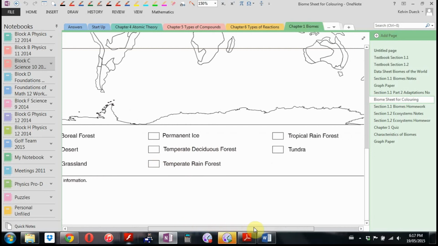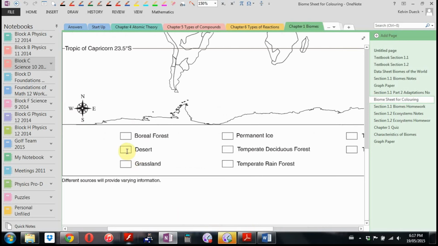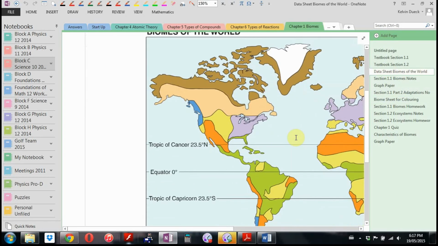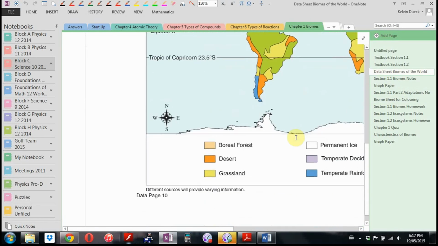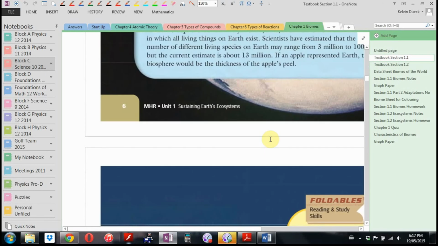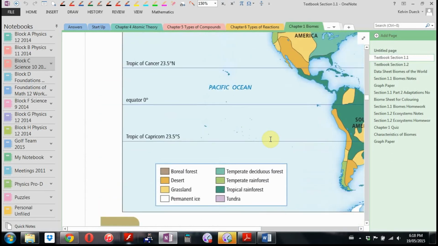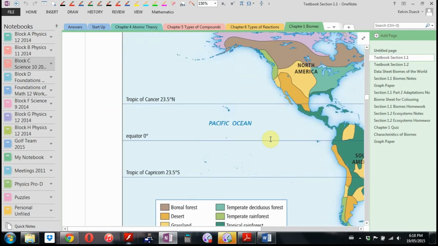There's only so many greens to go around. Tropical rainforest. Usually it's traditional to go purple for tundra, brown for desert, white for ice, which is kind of tough to show on white paper, but that's okay. And what you're going to use then is this sheet here from your textbook. From your textbook, it's page right there, page 10.